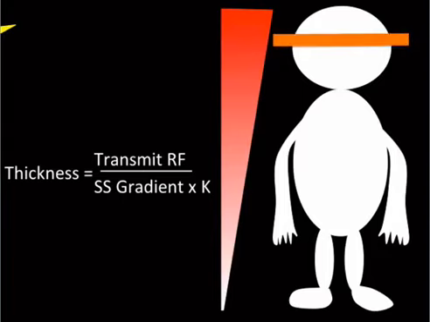Now, less is more. In other words, using a narrow RF pulse bandwidth will take longer to excite, resulting in a longer scan time. So thinner slices equals longer study, which you could probably have guessed.